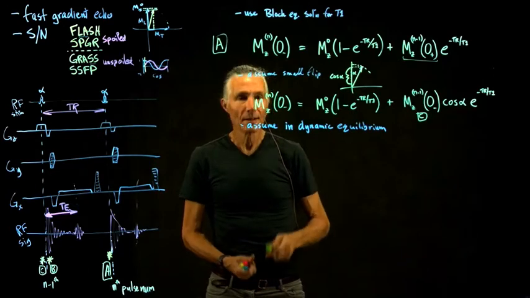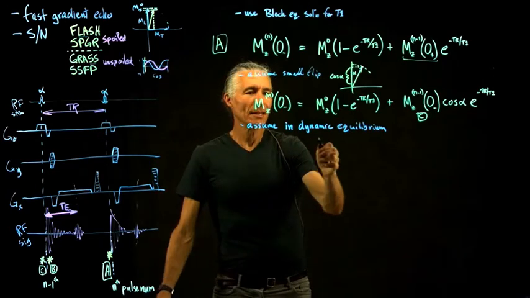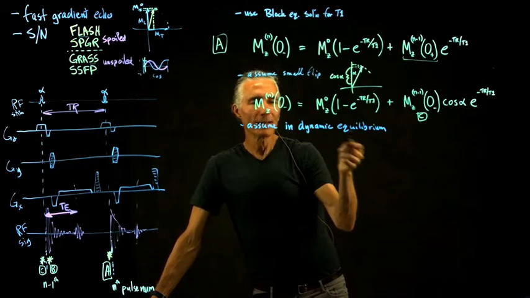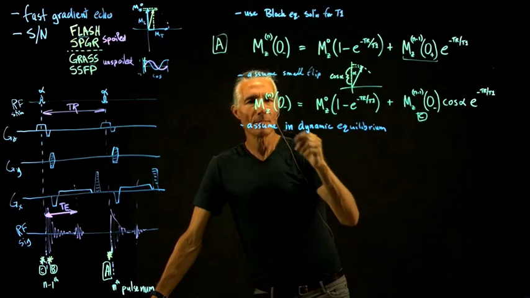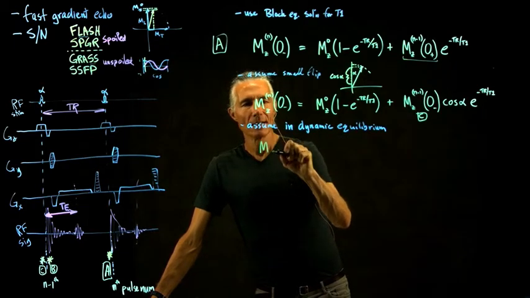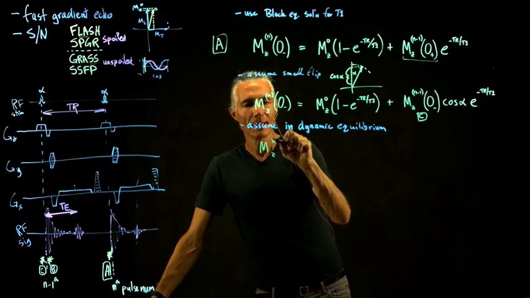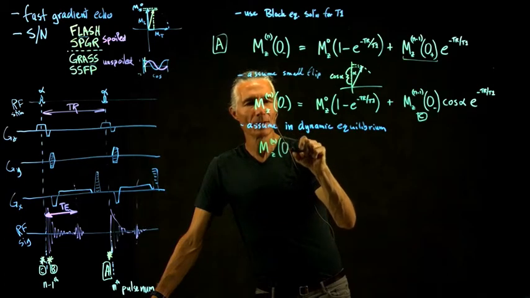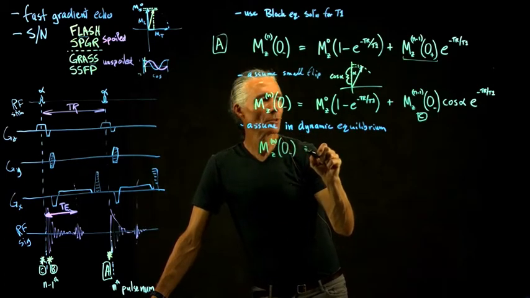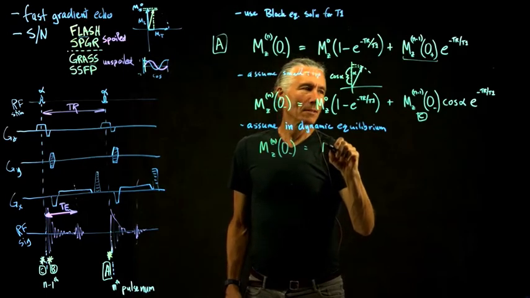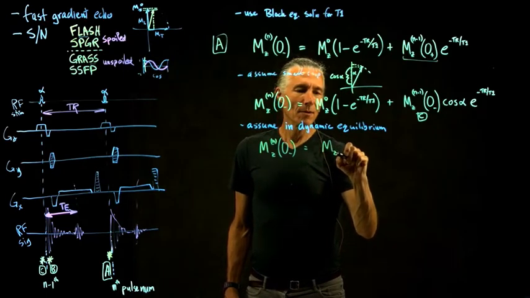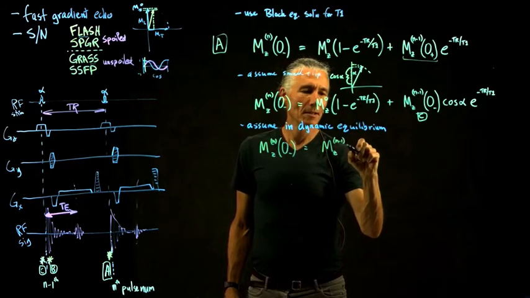So what does assuming we are in dynamic equilibrium mean? It just means that this guy, right before the current pulse, is equal to this guy right before the previous pulse, with no cosine.